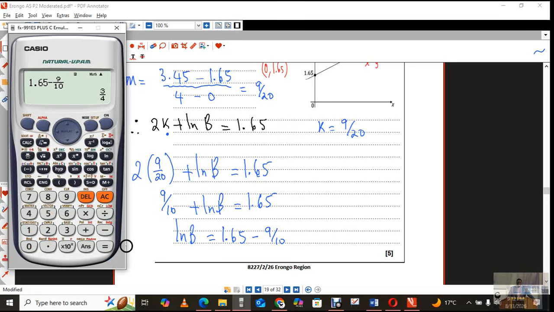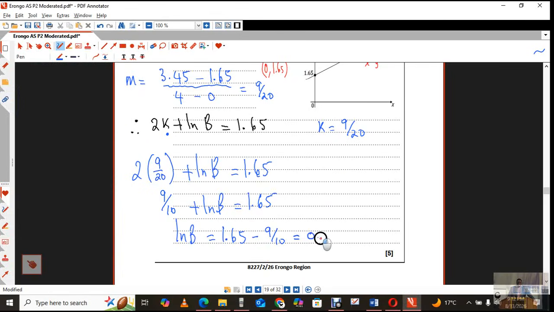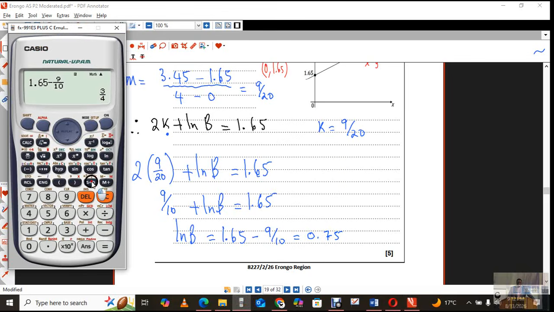What does it give you? It gives you 3 quarters, which is 0.75.